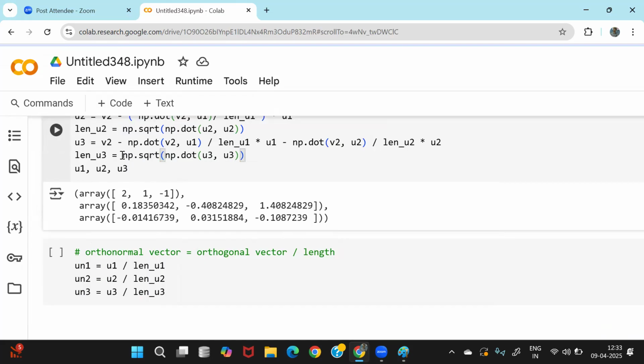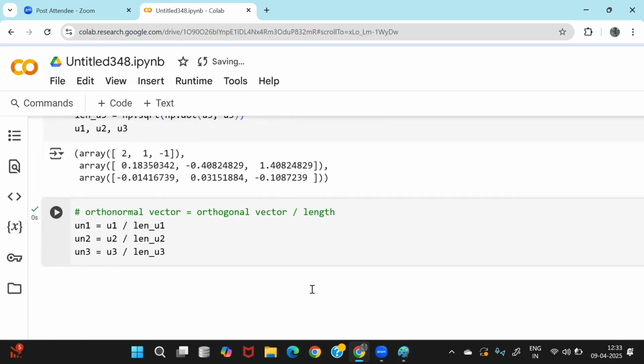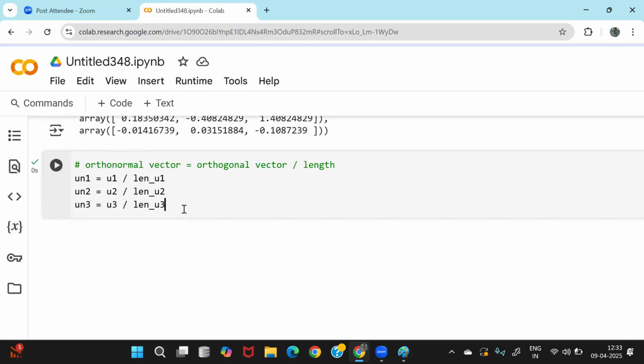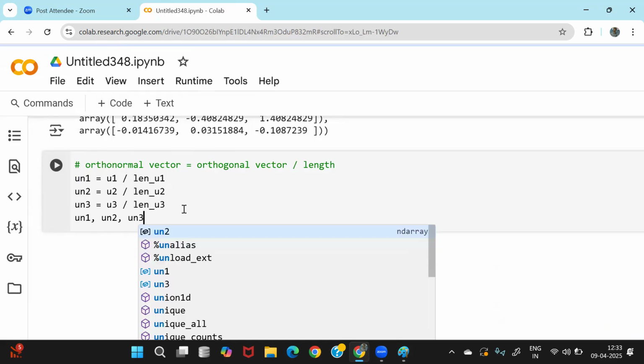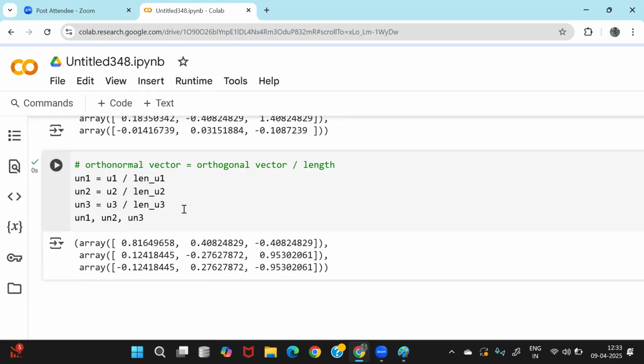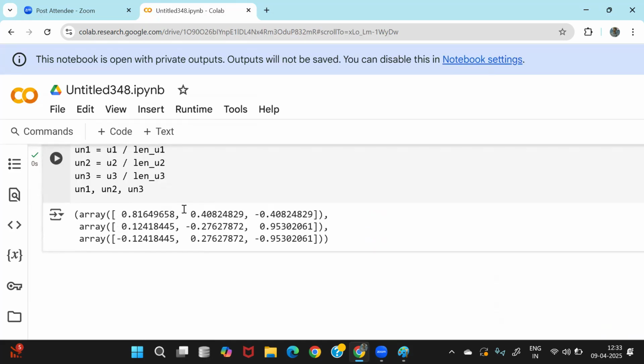So this is how you find out length of u3. Length of u3 is ready. Okay. Now let us print them: orthonormal of vector 1, orthonormal of vector 2, and orthonormal of vector 3. So these are orthonormal vectors.